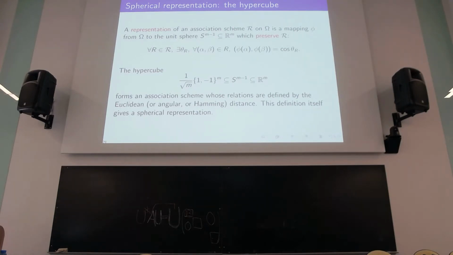Here you can see that this itself defines an association scheme, but it already sits inside the sphere. So you may think of this itself as a spherical representation of an association scheme. So this is an example of a spherical representation. Now if you are given an association scheme and try to embed the set of points into a sphere, then how can we do that?